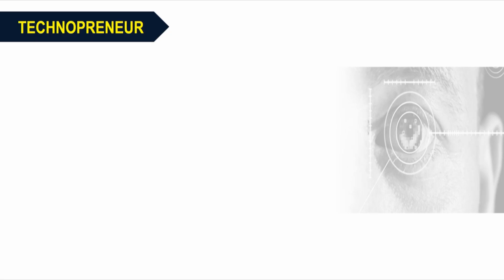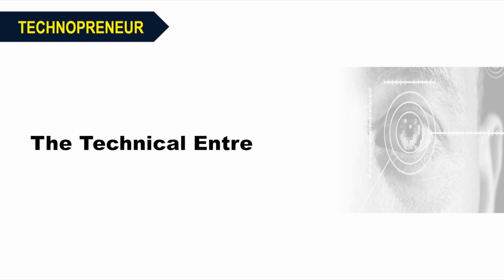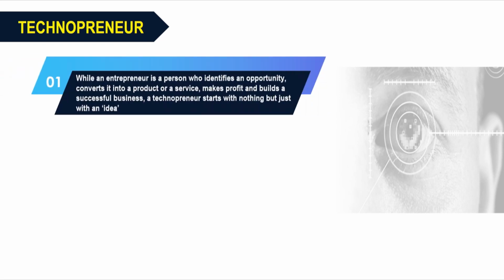And in the same series we now have the technopreneurs, the technical entrepreneurs, the people who are either technically qualified or technically experienced. While an entrepreneur is a person who identifies an opportunity, converts it into a product or a service, makes profit and builds a successful business, a technopreneur starts out with nothing, with just an idea.